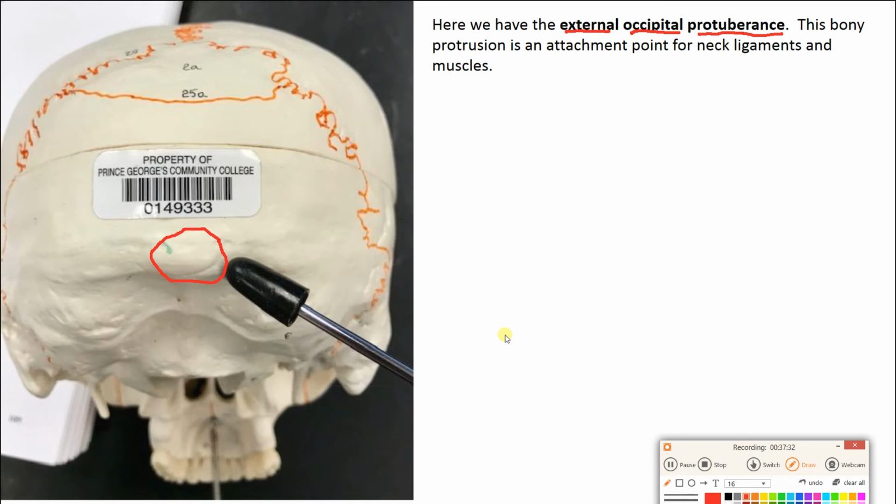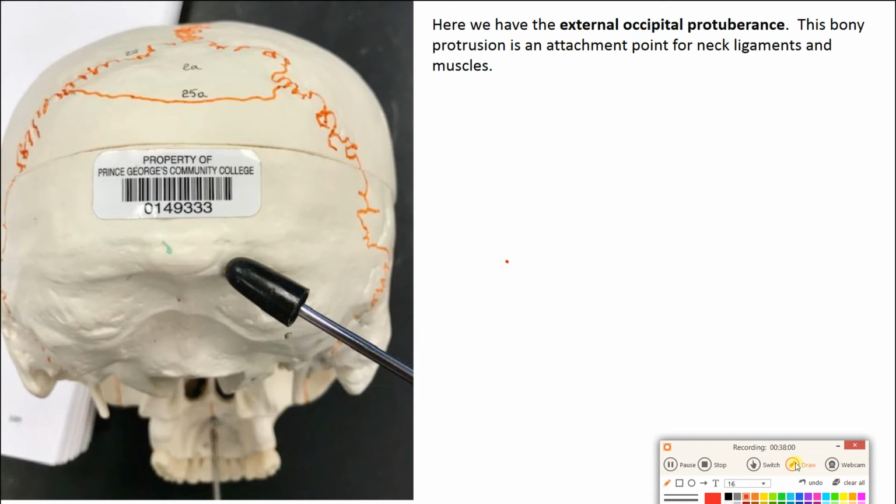If you feel the back of your skull, I bet you can find this external occipital protuberance. I can find mine right now. It's pretty easy. If you have short hair, it's even easier. So find it on somebody. Pause the video, go find somebody's external occipital protuberance. Okay. Excellent.